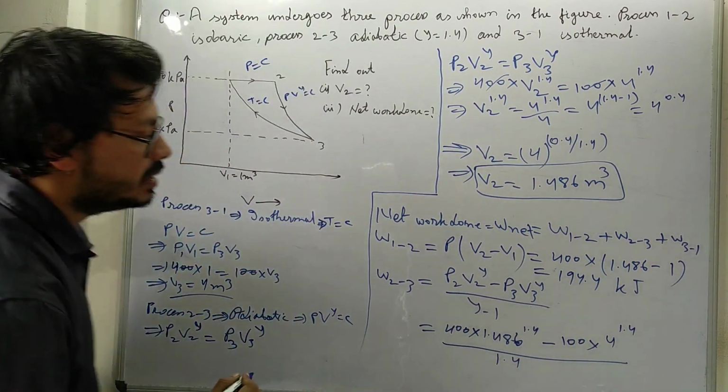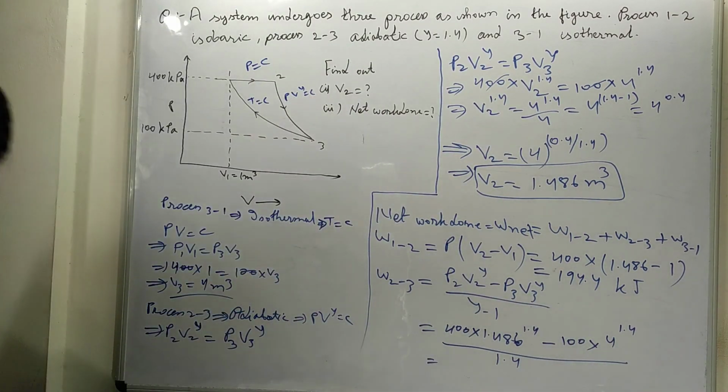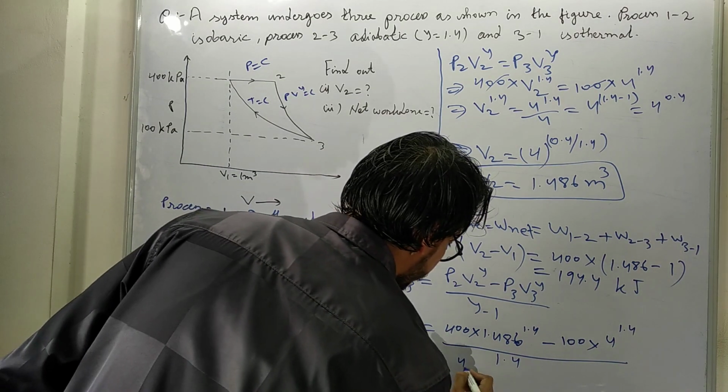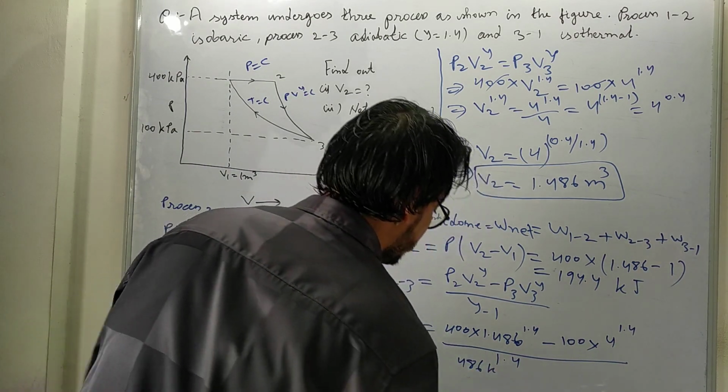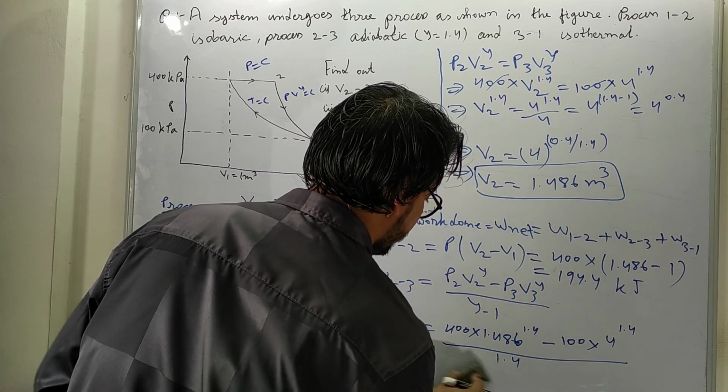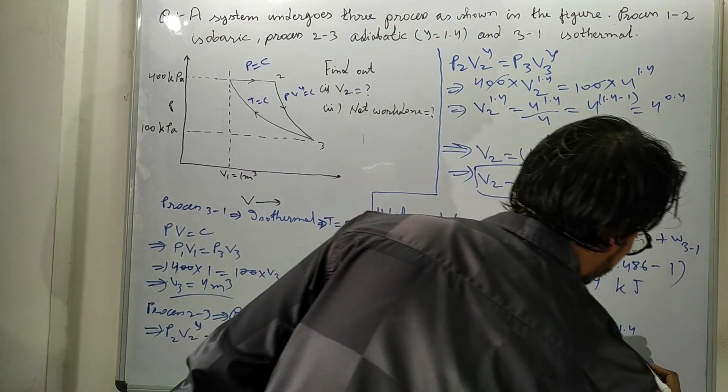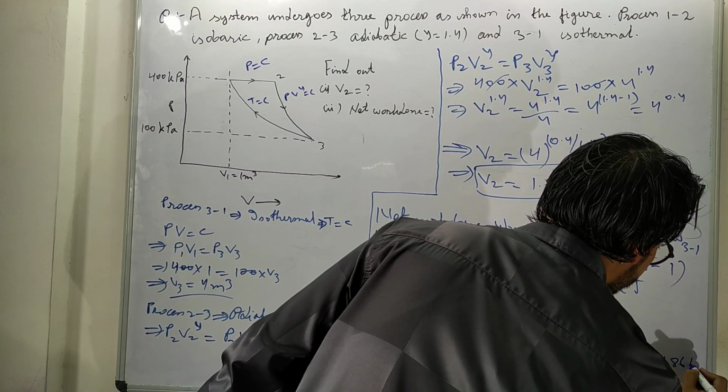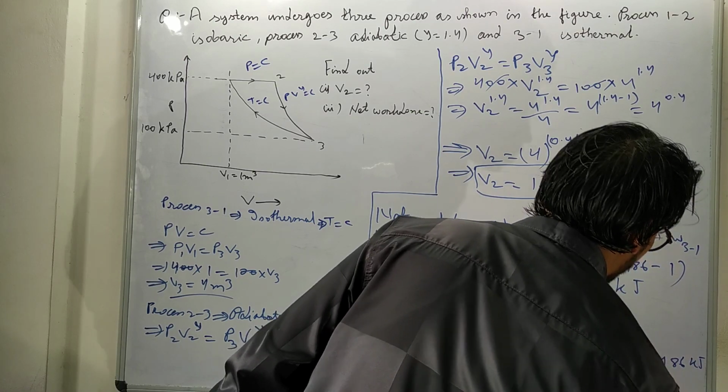On solving we will get the value as 486 kilojoule, and this is positive.